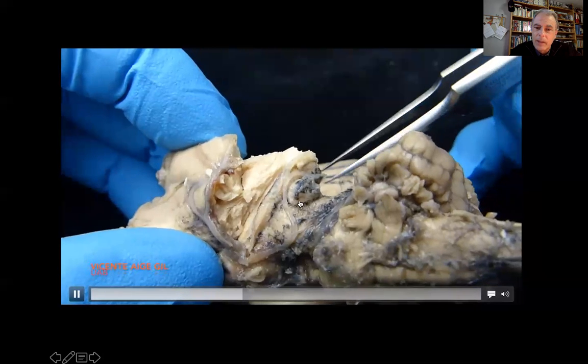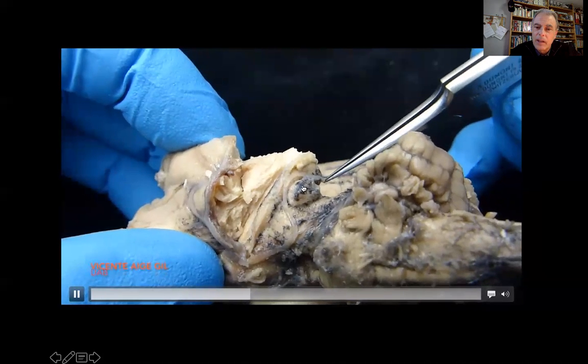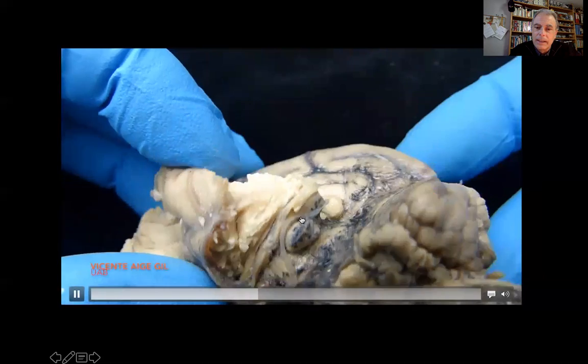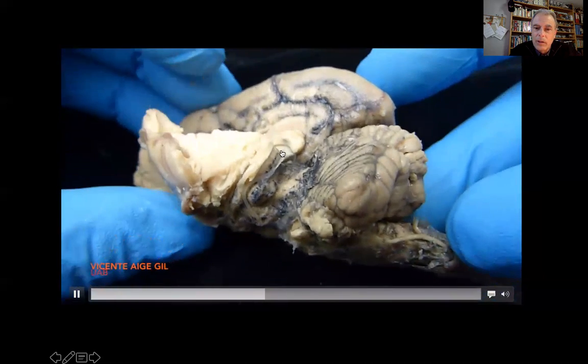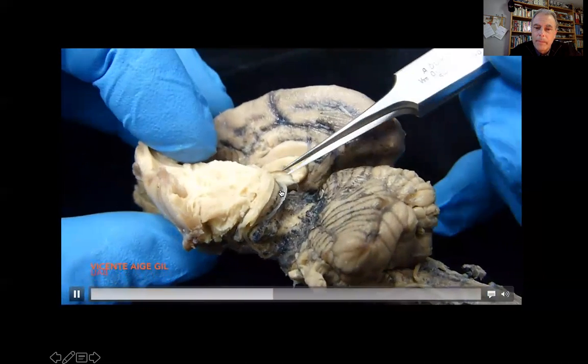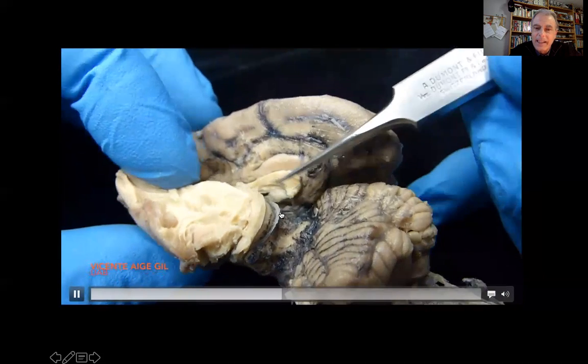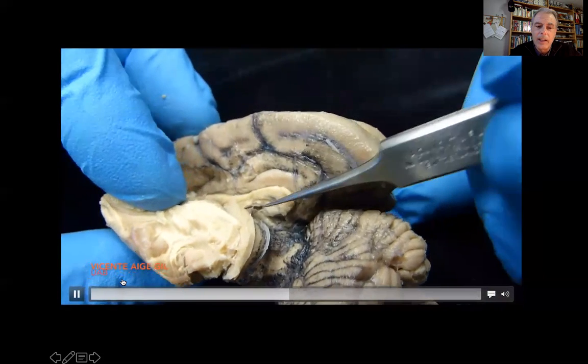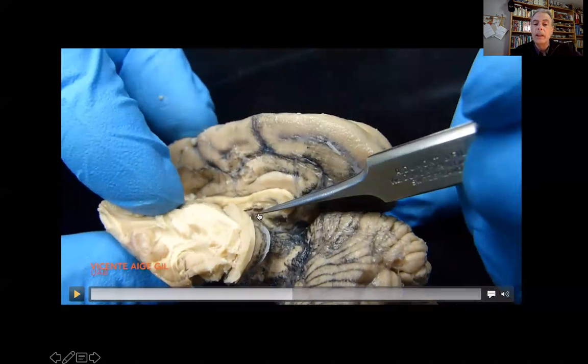Again, it runs between the lateral and medial geniculate bodies, and they go rostral. In this case, this caudal cerebral artery is going to supply blood to the choroid plexuses of the third ventricle. These are the choroid plexuses of the lateral ventricle.